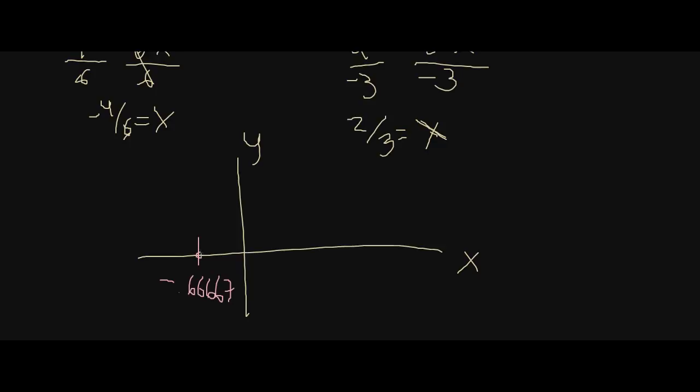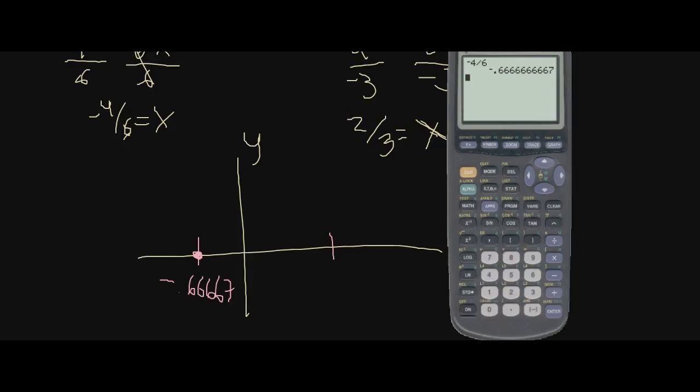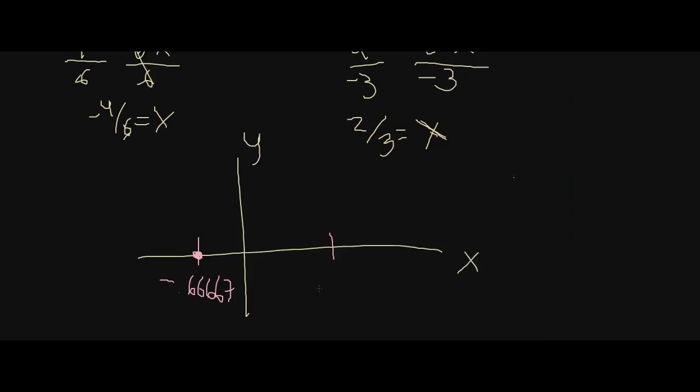So one of my roots occurs here at negative 0.66667. Then 2 over 3 is actually the same thing, and this is where I got tripped up. It's going to be positive 0.66667, and this is my second root. My function will probably look something like that, because it's going to intersect at those roots.